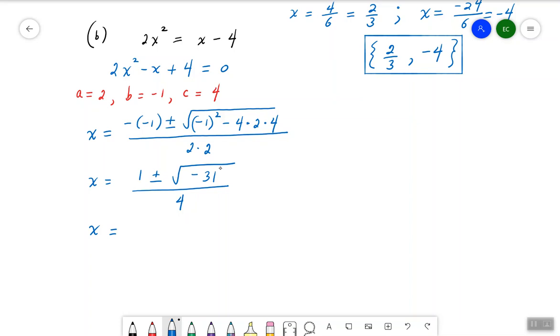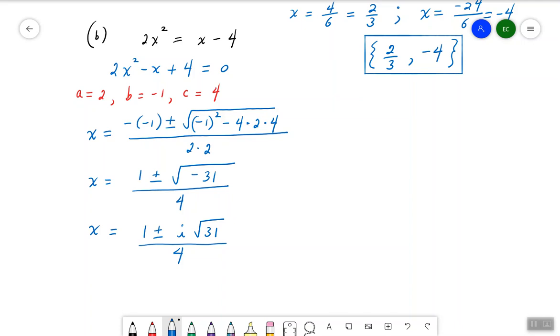So to simplify the square root of negative 31, we want to take i out from underneath the radical and leave positive 31 by itself. And then in the denominator, we have a 4.